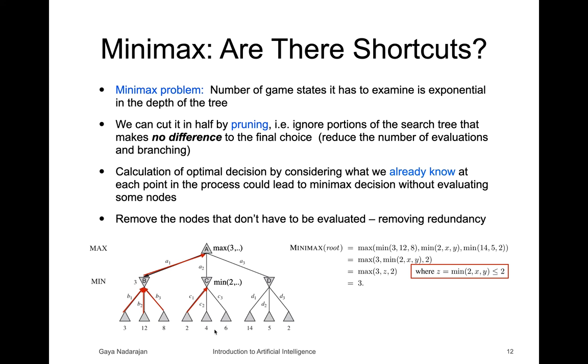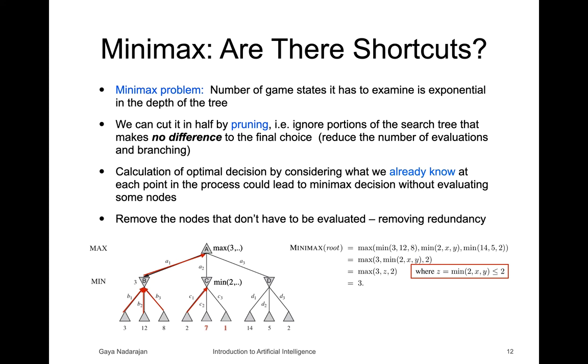Because if the others are 4 and 6, the minimum is going to be 2. So it doesn't matter what those two numbers are. We just call them x and y in this case. C is going to have the value of 2 or less. Basically, C is not going to have anything better than 2. We know that for sure.